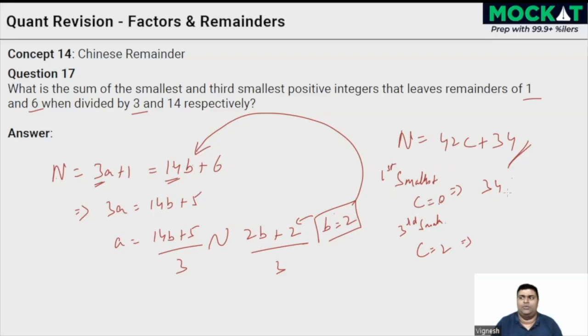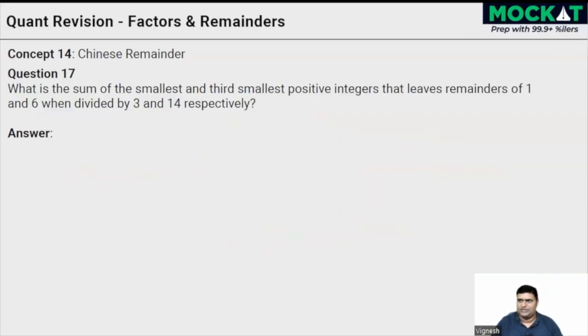We get 84 plus 34, which comes to 118. You add the two of them, you're going to get 152, right? So 152 becomes the answer for this question. Okay, so that's Chinese remainder. Does it come too often? Not too often, but application is there in some questions, so knowing it will definitely be helpful, right?